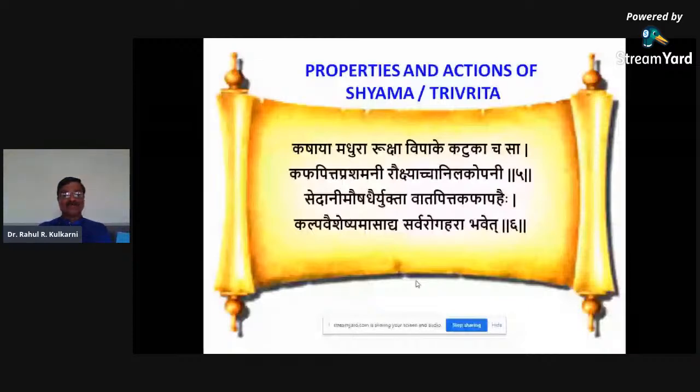Sa Idanim Aushadhair Yuktaha Vata Pitta Kaphapahaihi. Even though Shama Trivrut is Kapha Pitta Shamaka and Vata Vardhaka in nature, if it is processed with other Aushada Dravyas, then what it was doing as Vata Vardhana or Anila Kopana changes.